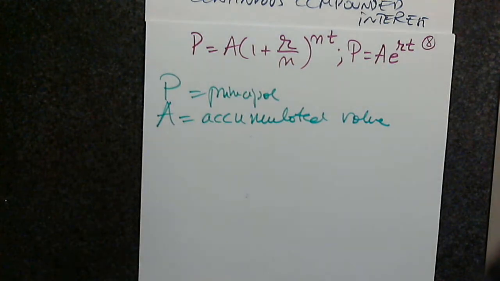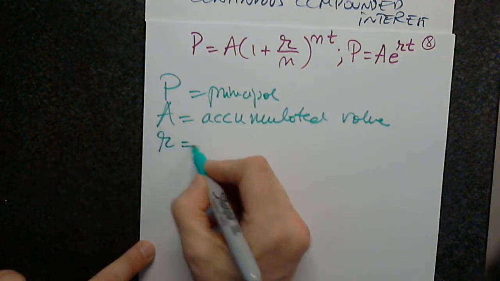So if I borrow $100 from you at a certain interest, I will have to give you back A, the accumulated amount, in 5 years. You're charging me, let's say 2%, so I will have to calculate and give you the money back in 5 years at the 2% interest rate. So that's the accumulated value. Also, if we deposit money in the bank at 2%, then the accumulated value is the money we get back in 5 years or whatever number of years.